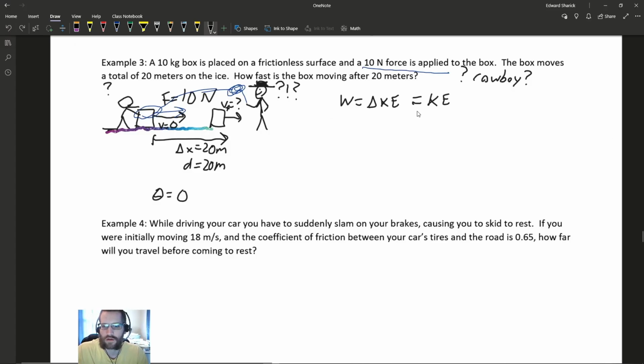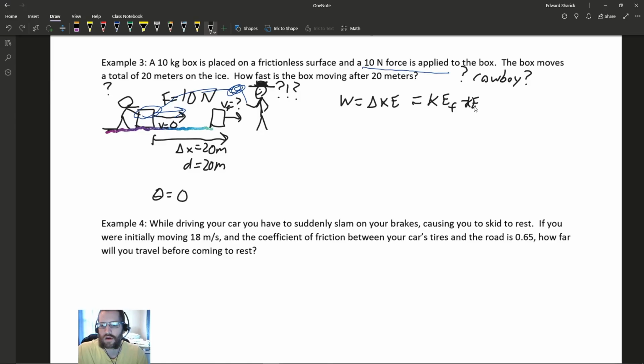And so we can do KE final minus KE initial. And if I look at this in terms of work equals change in kinetic energy, well, I know that KE final is going to be our unknown that we don't really have a grasp on yet, because I don't know what V final is. But I do know that V initial was 0. So I know that I didn't have any initial kinetic energy.